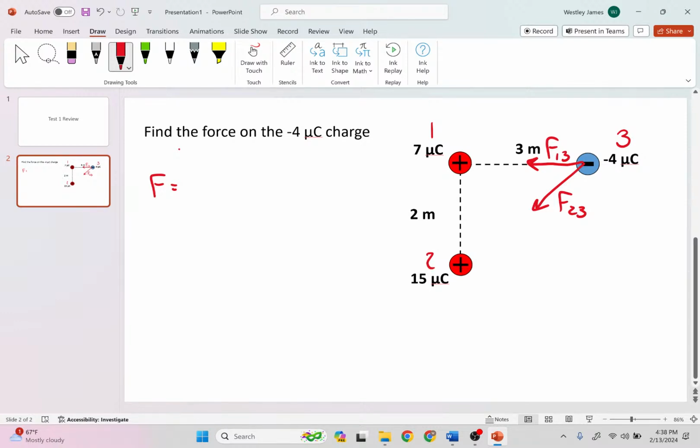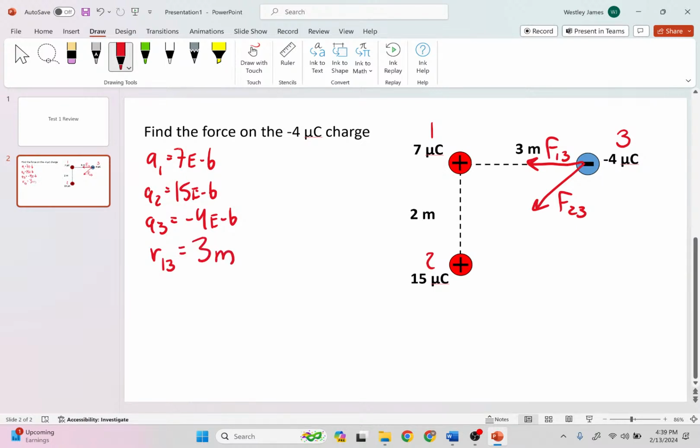You know, we could have written all our givens, stuff like that. You know what? I'll do that while you all find that equation. Our givens, we got Q1 equals 7e minus 6, Q2 equals 15e minus 6, Q3 equals negative 4e minus 6, R13 is 3 meters, and that's kind of all the givens so far.